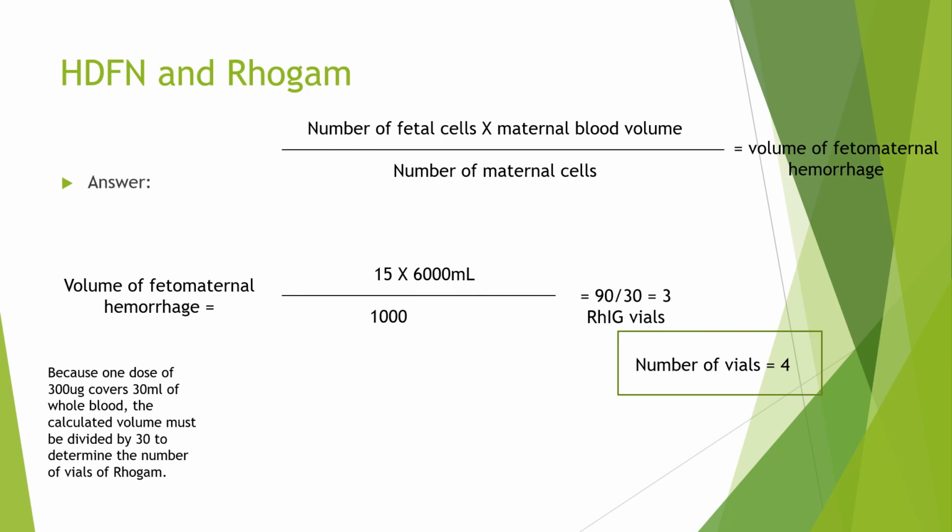So 90 divided by 30 is, of course, 3. Don't forget to add 1 because the Kleihauer is not very specific. So that is the number of vials that this mom must receive within 72 hours after delivering her Rh positive baby.